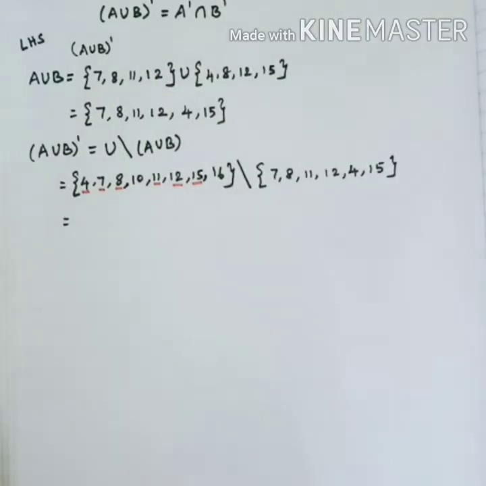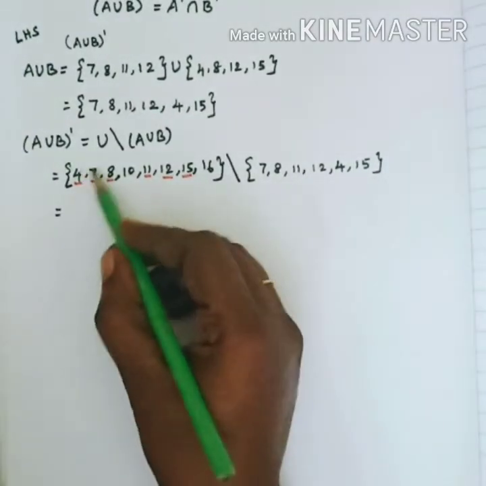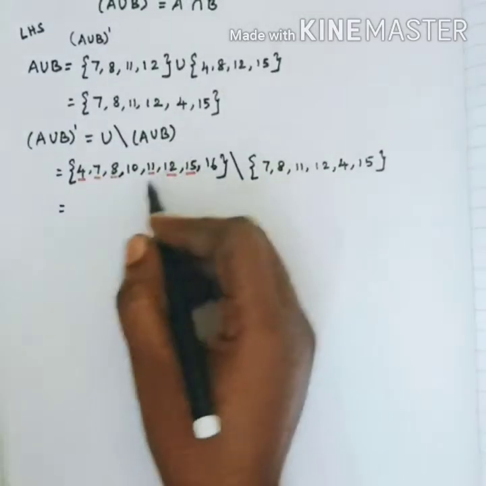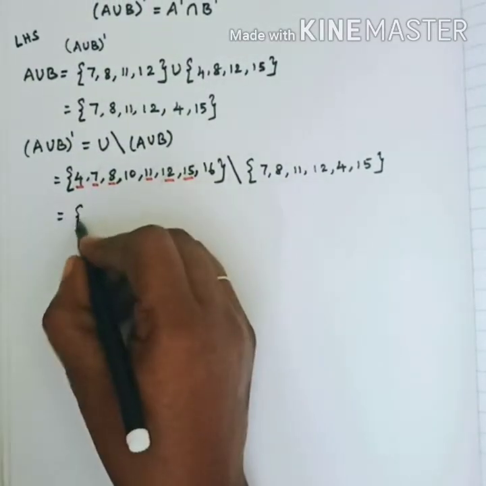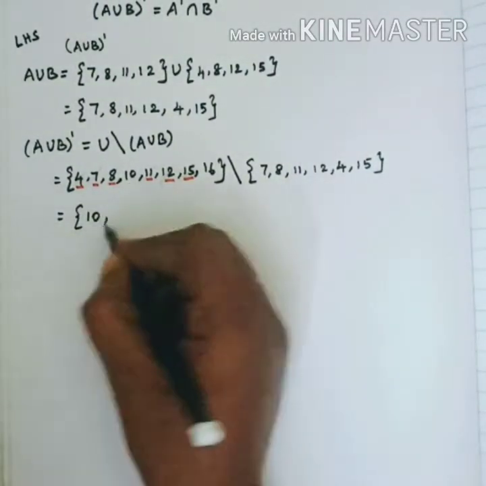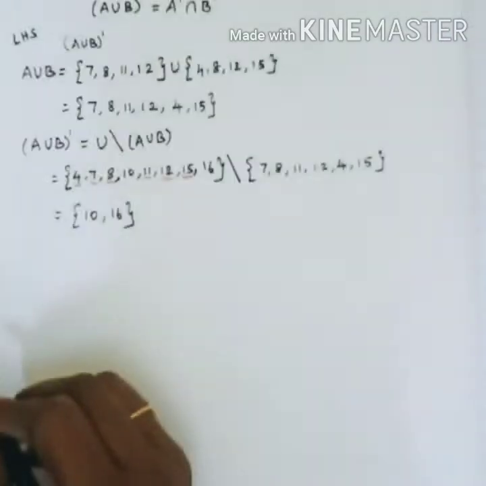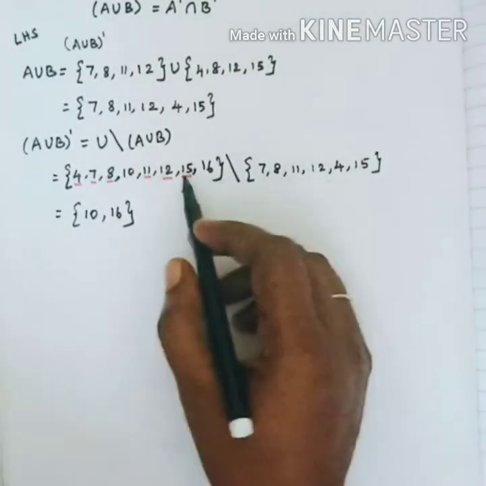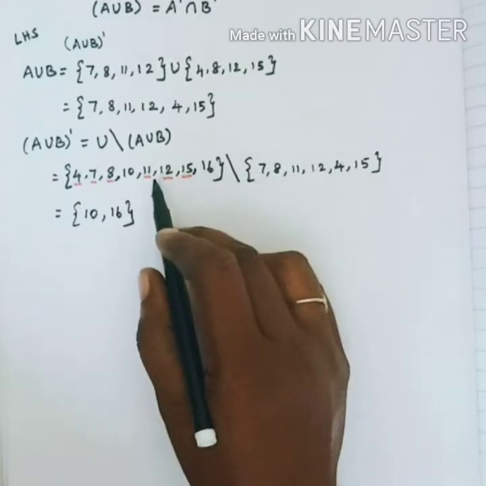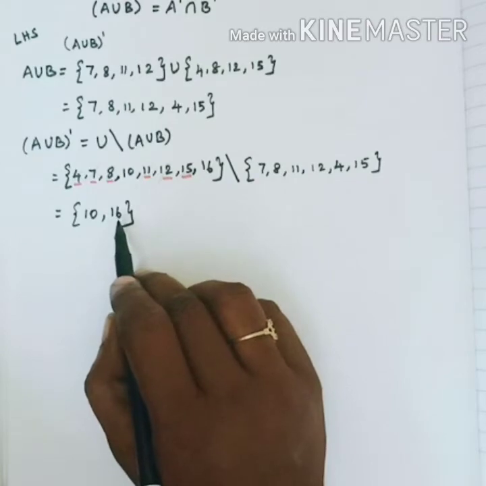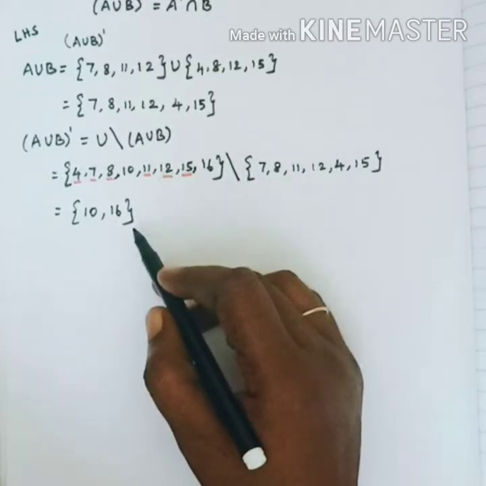Omit these elements in the first set and write the remaining elements of the first set. What are the remaining elements? 10 and 16. So this is the answer. You have to omit the common elements in the first set and write the remaining elements of the first set alone. Don't include the second set.